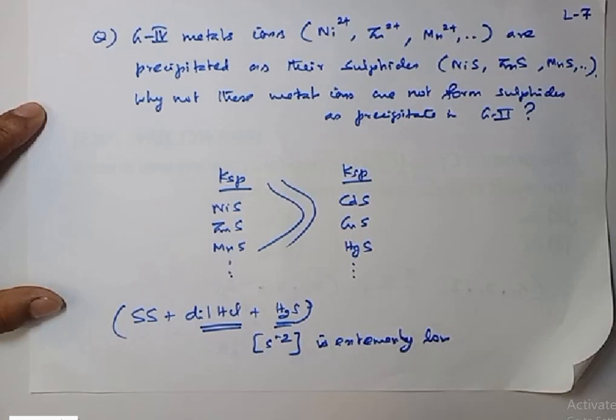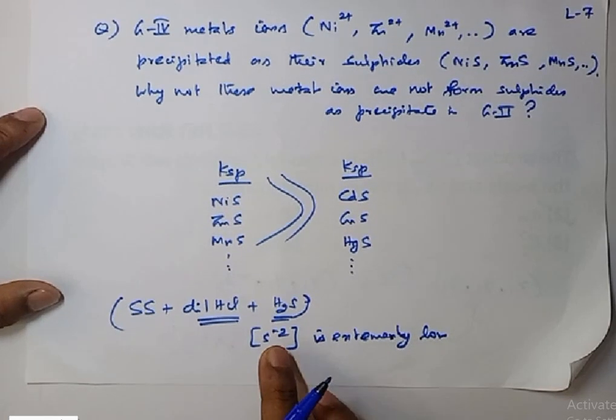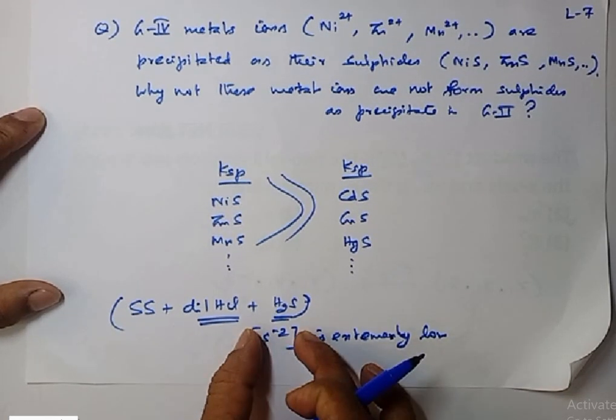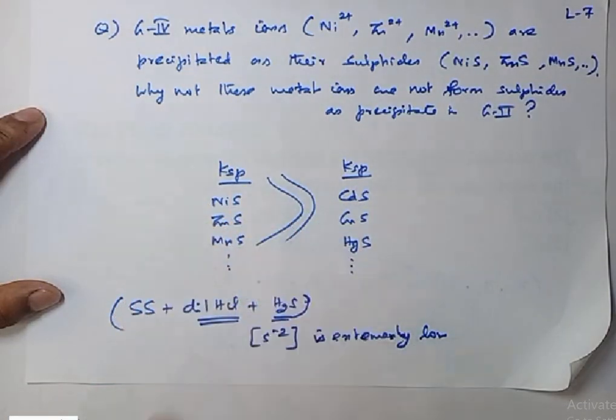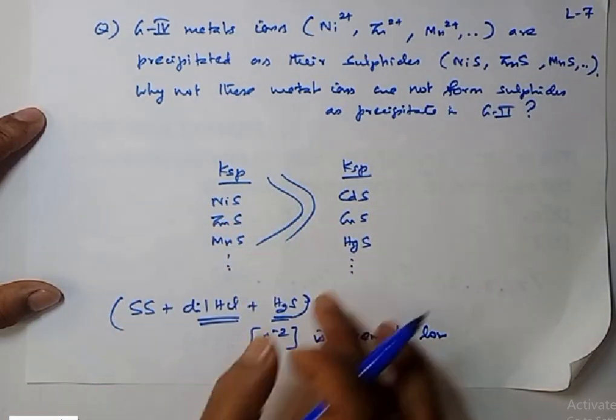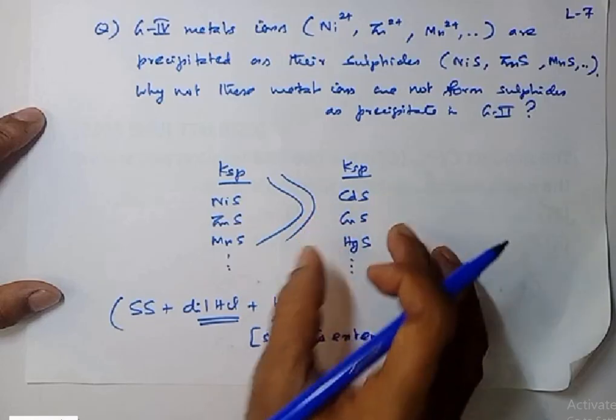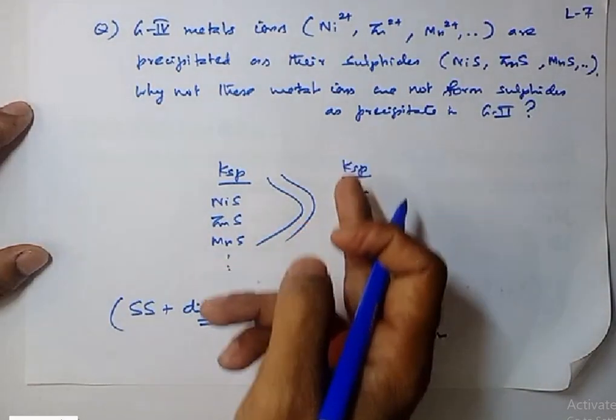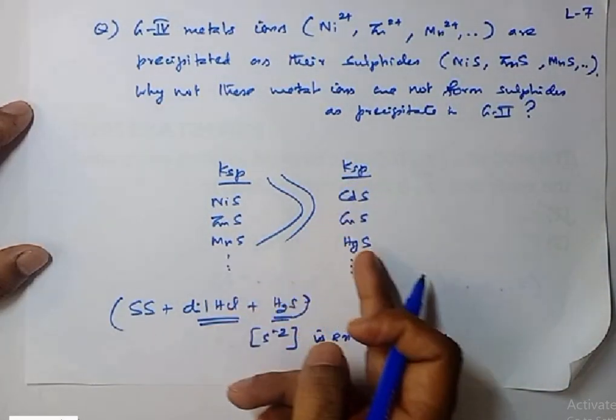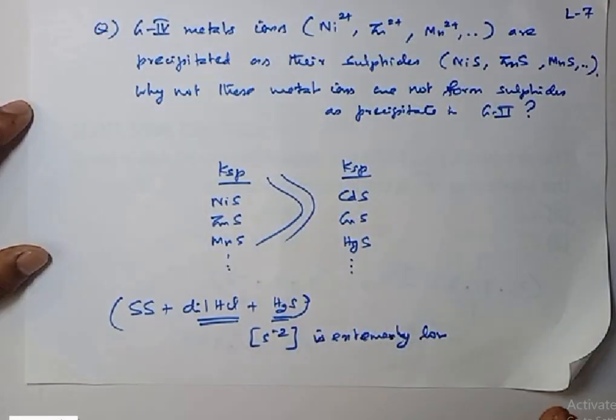Therefore, the concentration is insufficient to precipitate these sulfides, whereas it is sufficient to precipitate the sulfides of group 2, because the solubility product values of the sulfides of group 2 are very, very low. We discussed this in the last class.